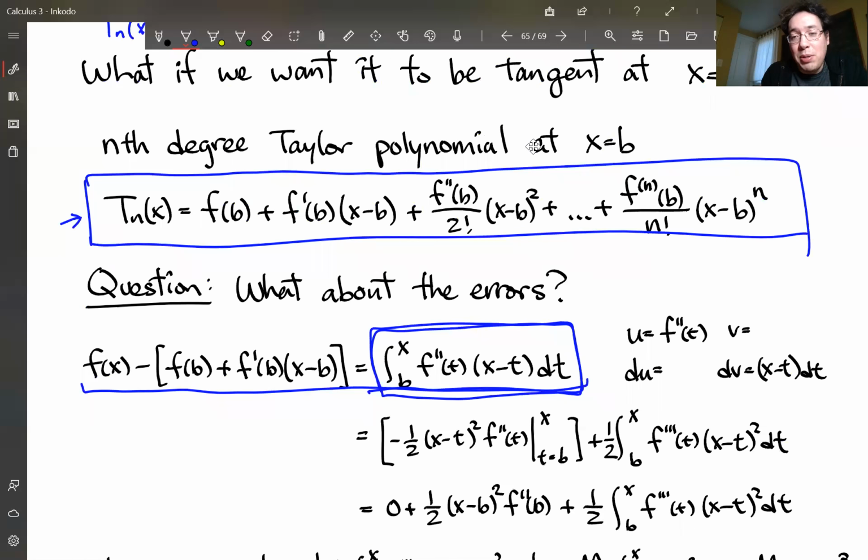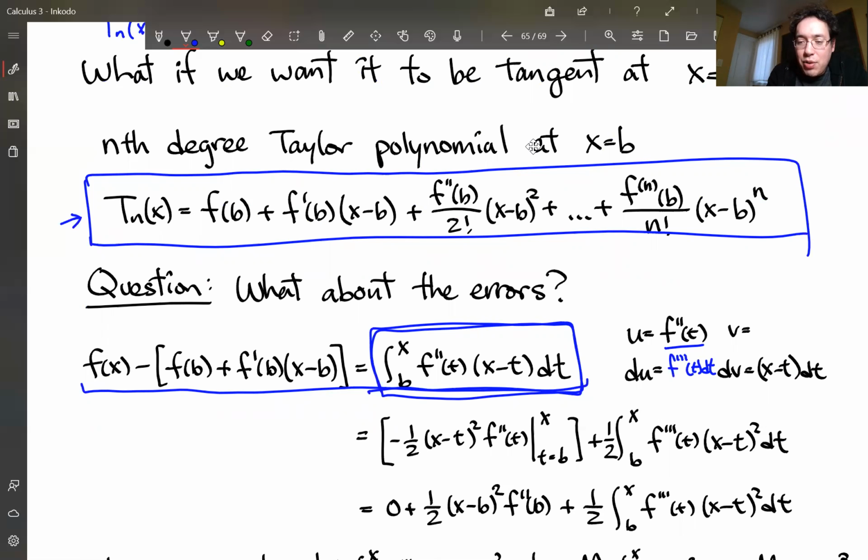So to compute the error for the second order Taylor polynomial, we use integration by parts again. So we keep taking the derivative of f double prime. So this would be f triple prime of t dt.